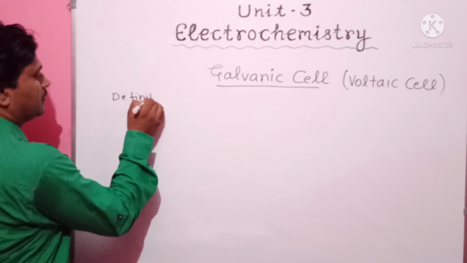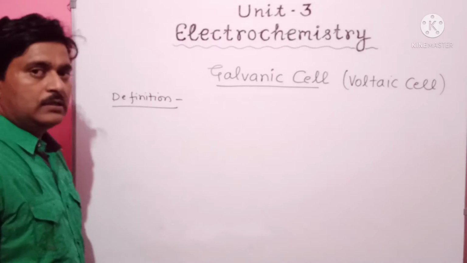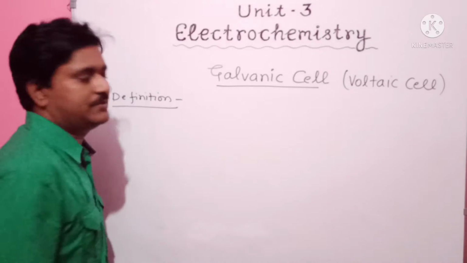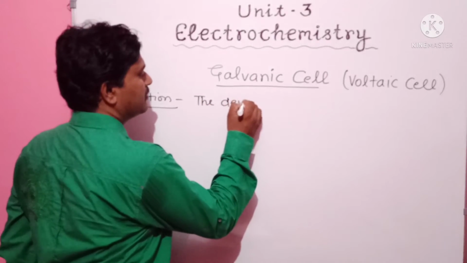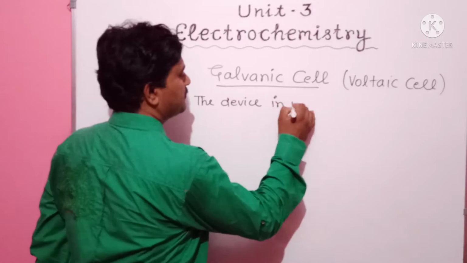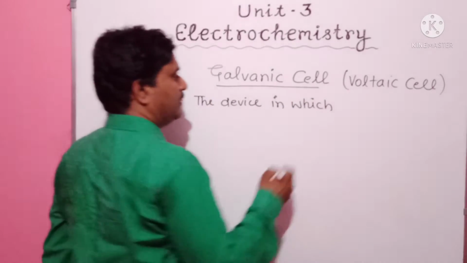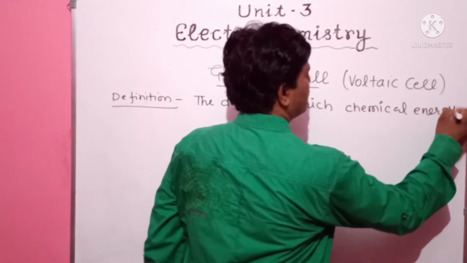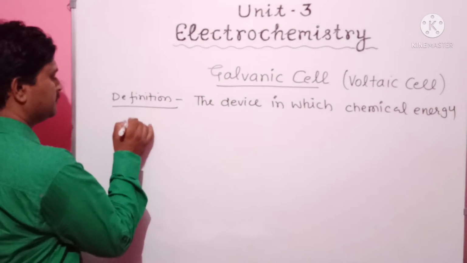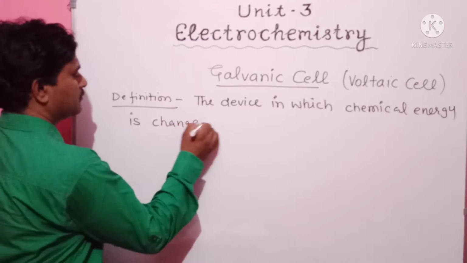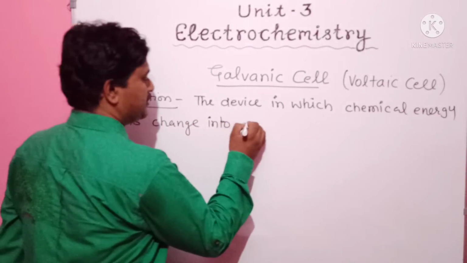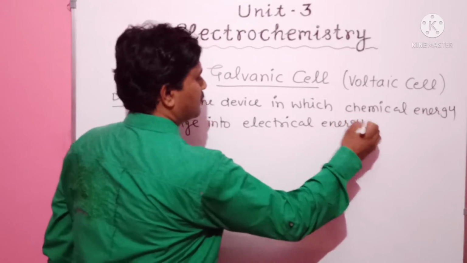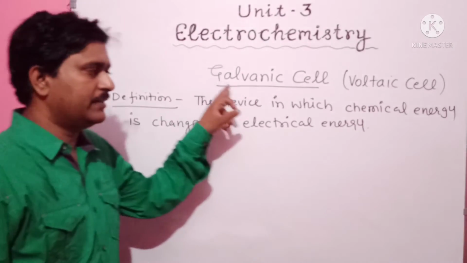Definition: the device in which chemical energy is changed into electrical energy is known as a galvanic cell.